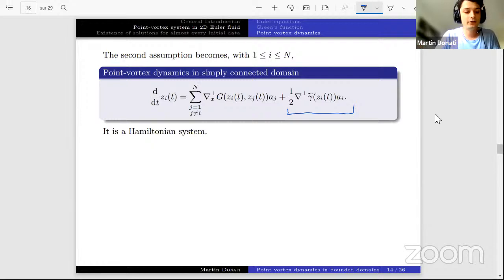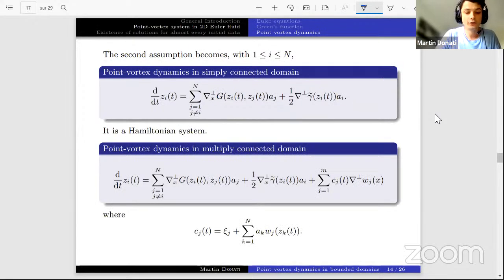Let me mention that this is a Hamiltonian system. It is a gradient perp of a function. And in the context of multiply connected domains, what you have to add is the same term that we had before, which again is a bounded term. So let's say it behaves nicely.